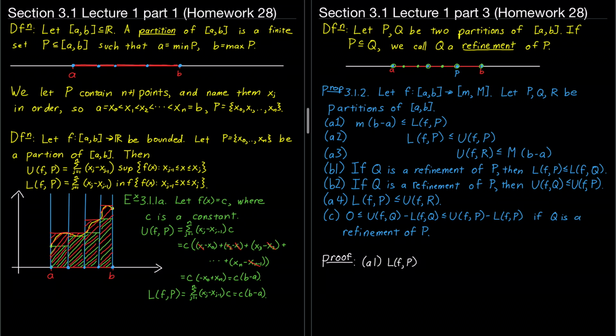Let's call the partition P instead of R. Lower sum of f with respect to P, that's the sum from j equals 1 up to n of xj minus xj minus 1, then the supremum over that interval.